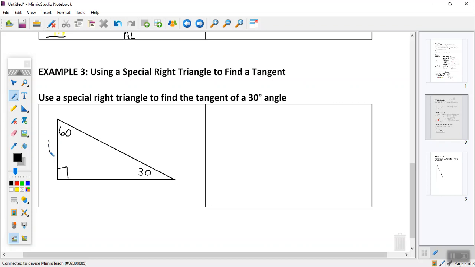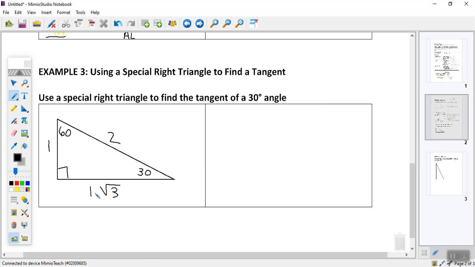Short leg times what to get the hypotenuse? Times 2, so this would have been 2. And then the short leg times what got me the long leg? 1 times the square root of 3, right?